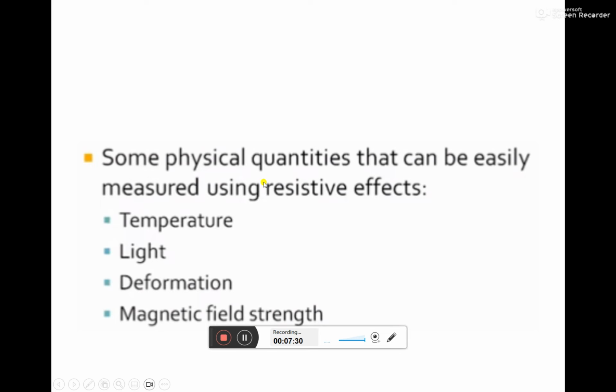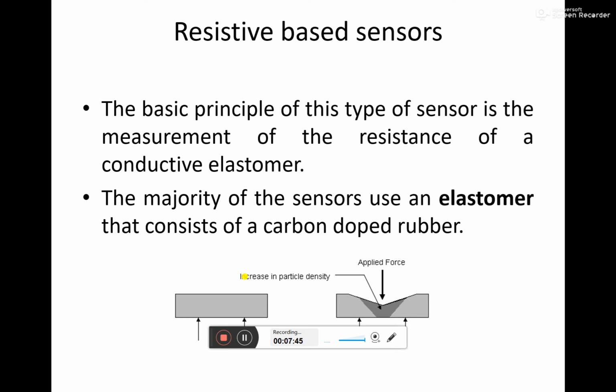Some physical quantities that you can measure by using resistive effects are temperature, light, deformation, and magnetic field strength. The basic principle of these sensors is the measurement of resistance.